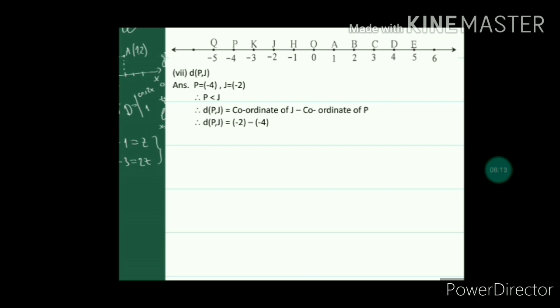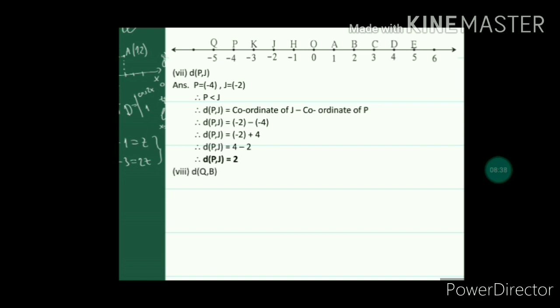Put this value. Therefore distance of PJ is equal to -2 minus minus, plus 4, which is 4 minus 2, means distance of PJ is equal to 2.